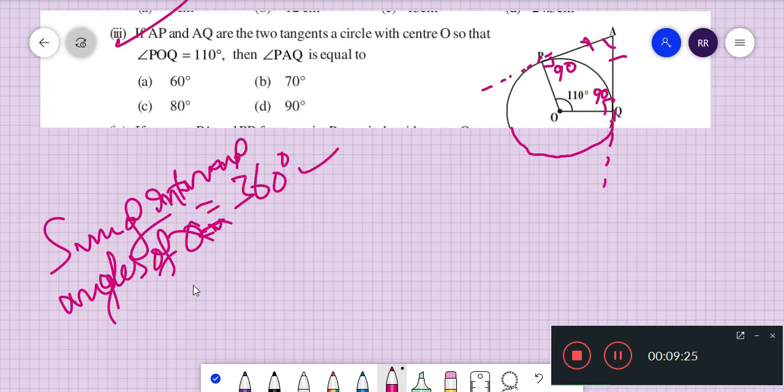In a triangle, what about a triangle? In any triangle, the sum of internal angles is equal to 180. Don't forget this. These are the standard measurements.